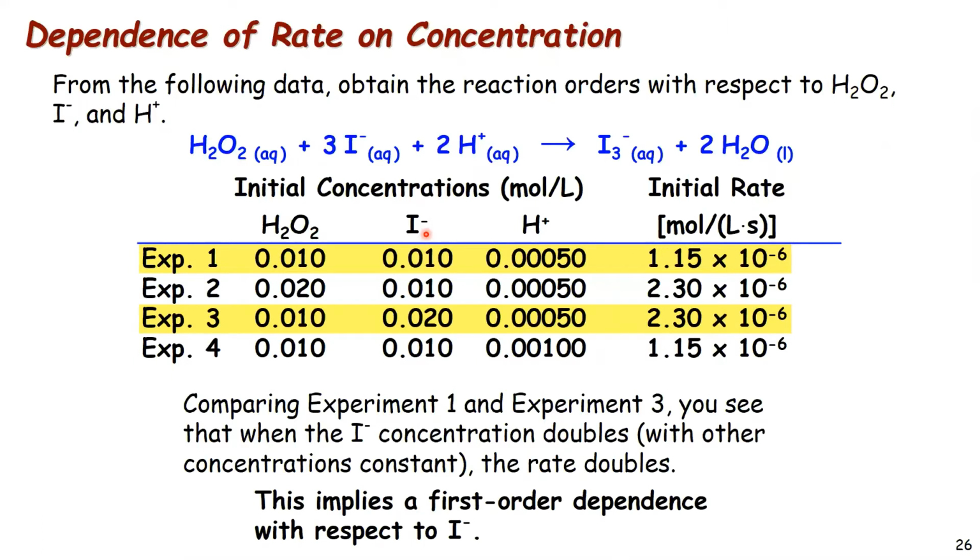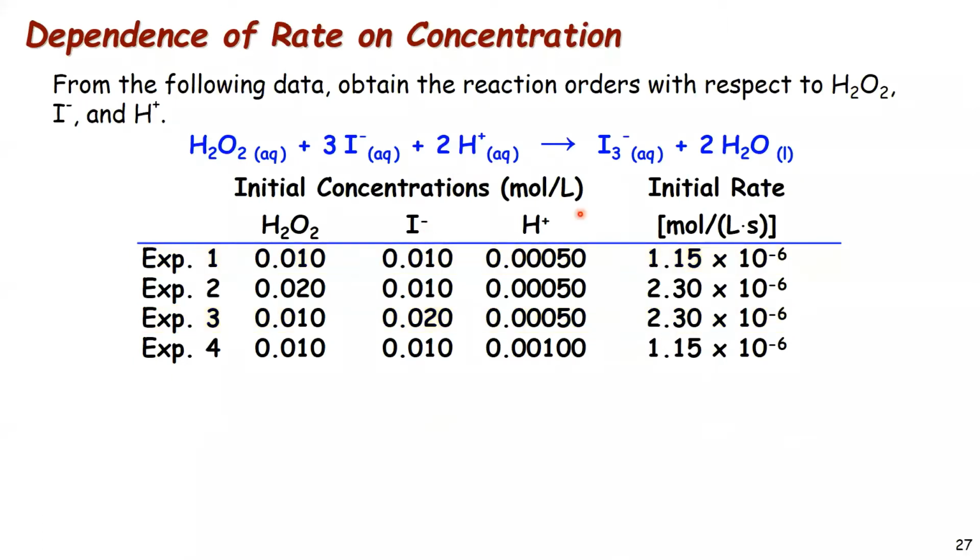Okay, Kayla, what experiments would you use to determine the hydrogen ion order? 1 and 4.